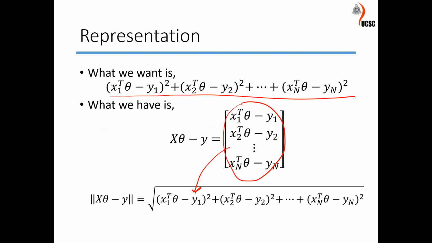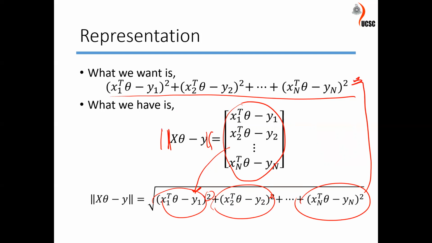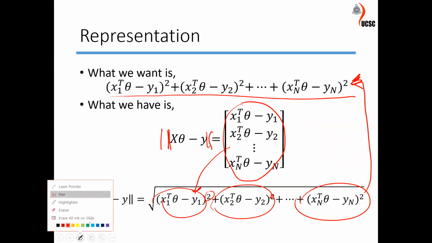Now we're going to take the norm of our equation, right? So that will give x1 transpose theta minus y1, then the power of 2, like that. Then we have x2 transpose theta minus y2, then the power of 2, like that. If you take the norm, now we finally come to our expected equation.